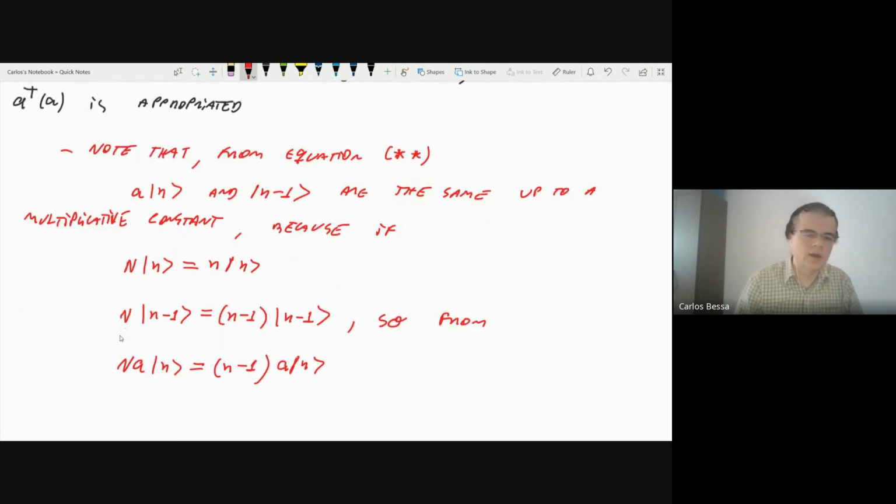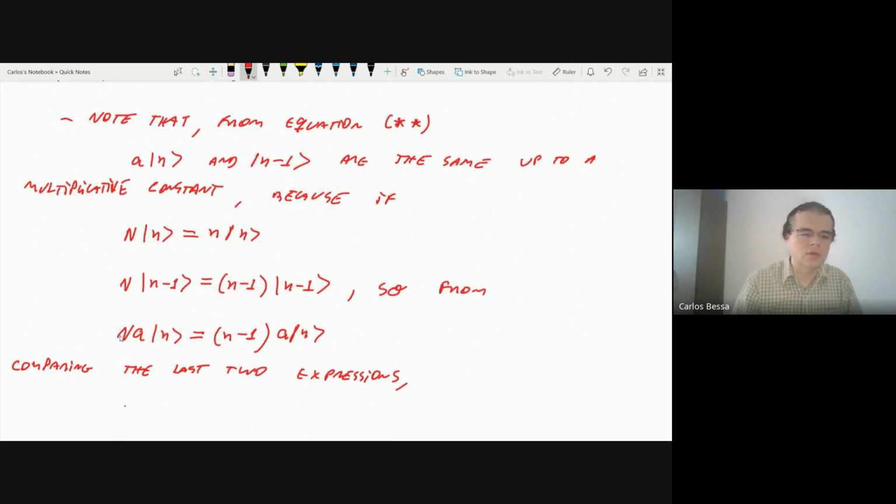So comparing the last two expressions, a n should be c times n minus 1, with c as a constant, and this constant will determine.